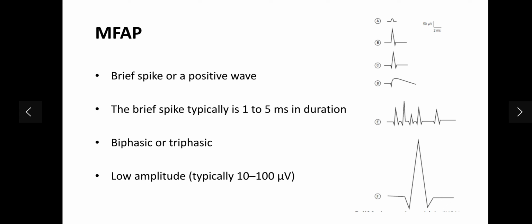It could have the shape of a brief spike, like shapes B and C, which could be biphasic or triphasic, or a positive wave like the shape in D, which is an initial positive deflection followed by a long negative wave.